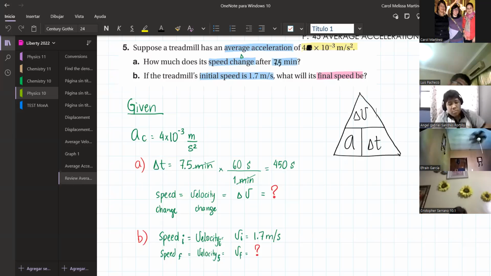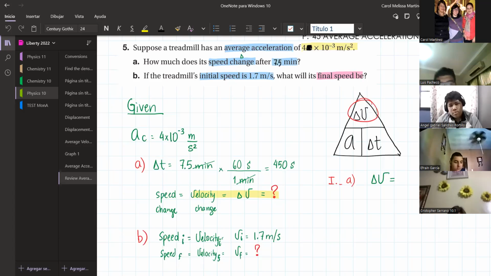Now, what comes after? We start working with the exercise, okay? So in the first part, I need to find delta V, the change in velocity. That is what I'm going to do right now. I'm going to work here beside. So for part A, I want to know delta V. If I want to know delta V, I will use my triangle, okay?